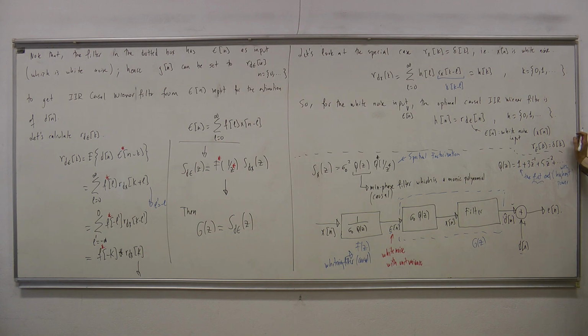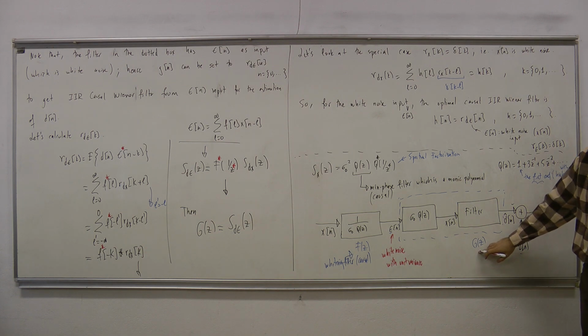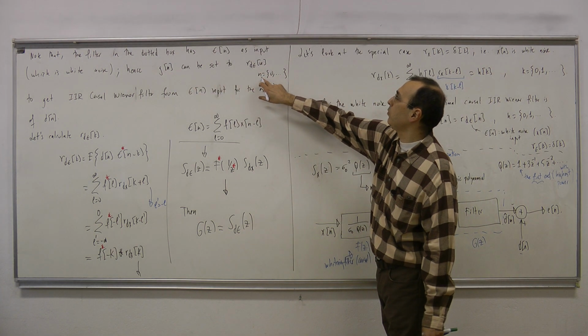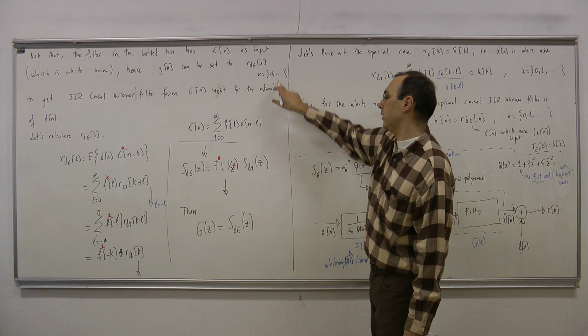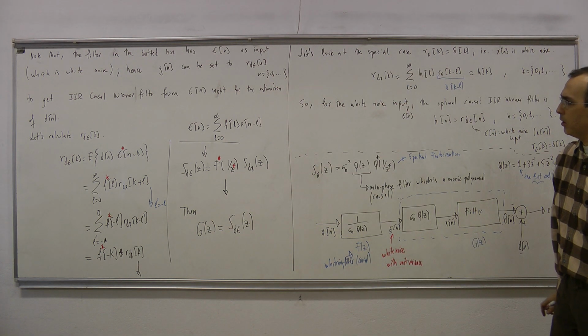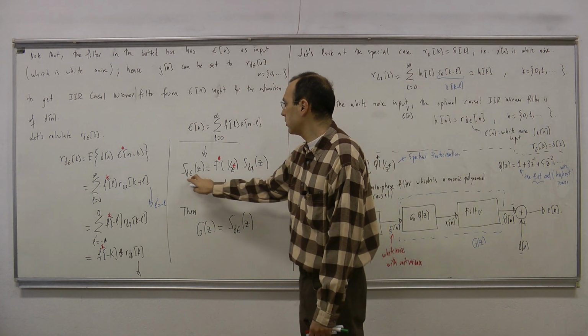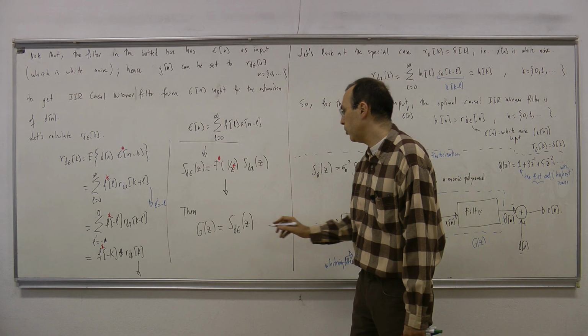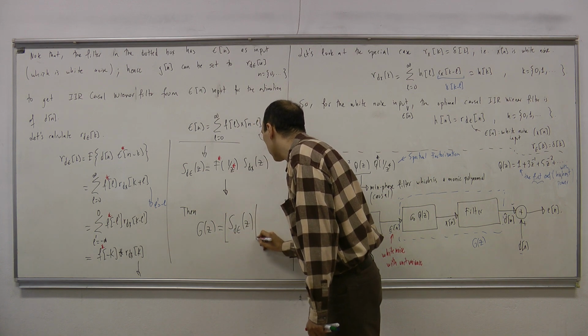What do I mean by that? Please remember that this g of n can be set to this, but only for the non-negative indexes. And please remember that this is the cross-power spectral density. So this is a double-sided sequence. So let me write this.